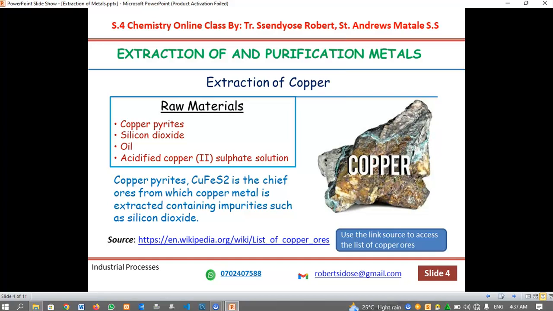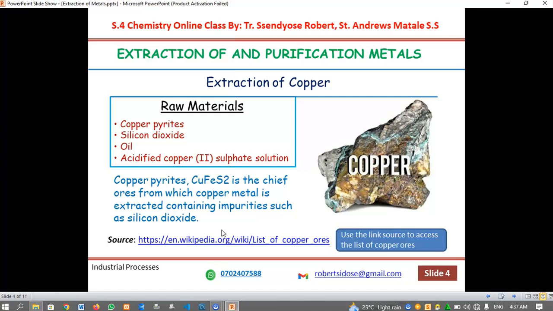The other materials are agents to help extract copper from its ore. This is the formula for copper pyrite, the chief ore from which copper metal is extracted, containing impurities such as silicon dioxide.